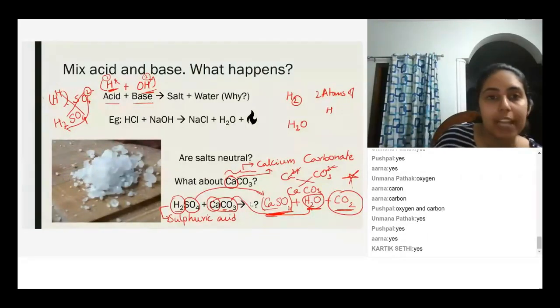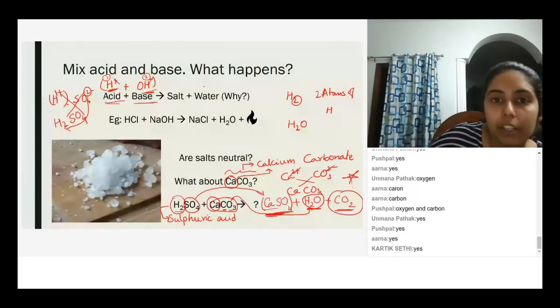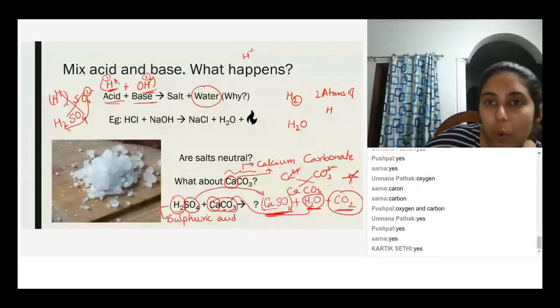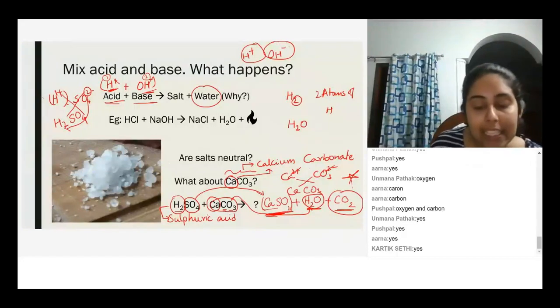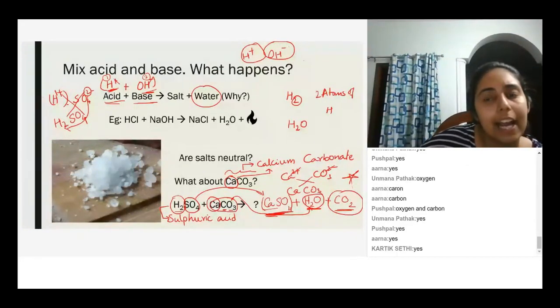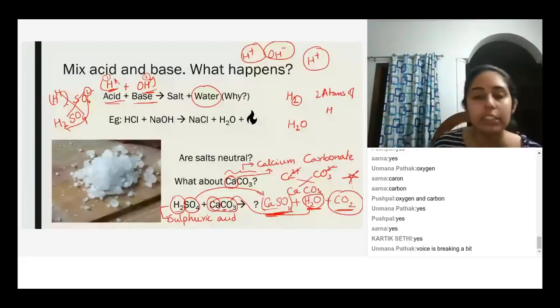Remember I told you what happens when an acid and base react, they form water, right? Because an H plus ion is released and an OH minus ion is released, they end up forming water. In this case, H plus ions are very highly reactive. They cannot stay stable on their own. They have to react.